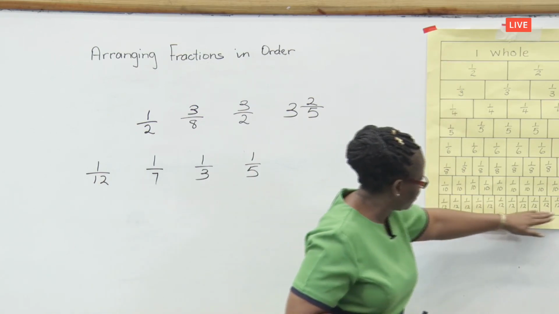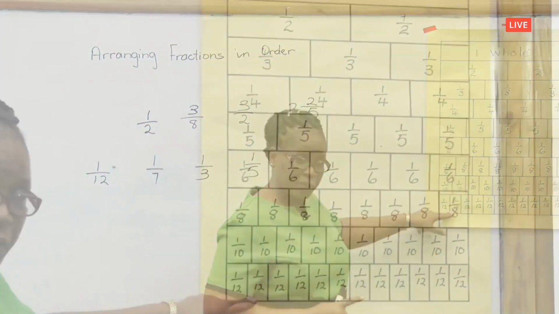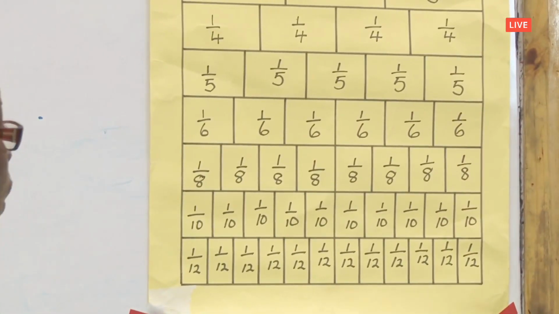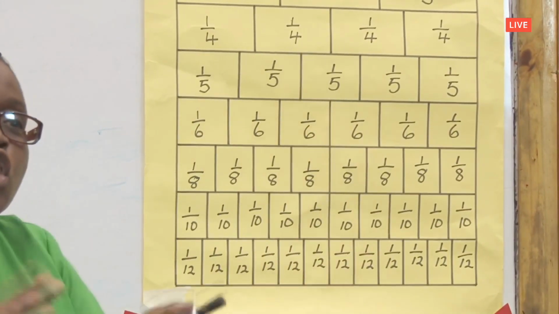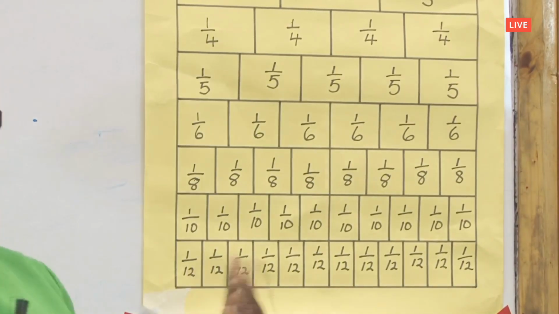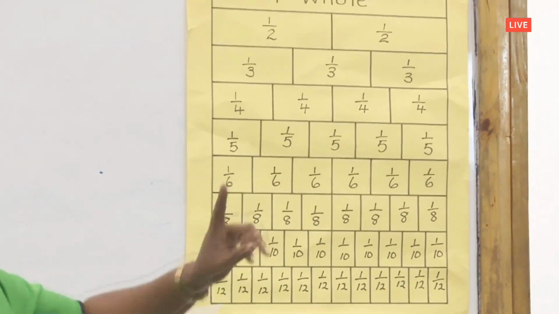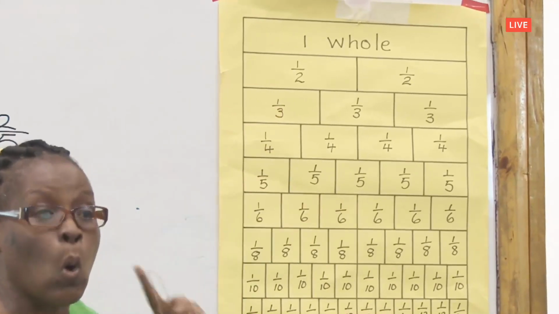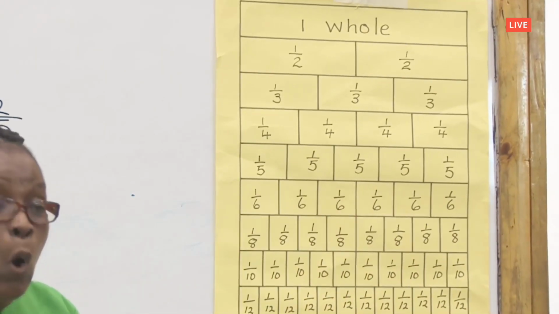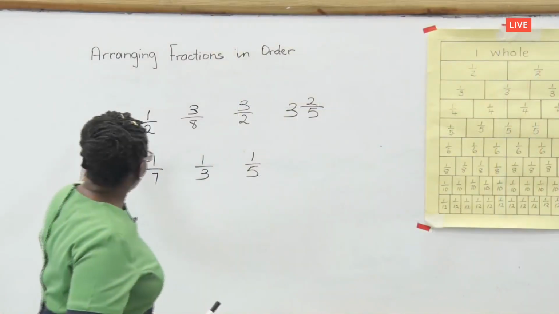But when I look at my 1/2 and my 1/12, how many pieces do I have here? 12. So what that is telling you, the more pieces your whole is divided in, the smaller your fraction gets. So if I divide into 20 pieces, it is even going to be smaller once I am using the same size whole. Because you cannot use a different whole and compare. These wholes must be the same.